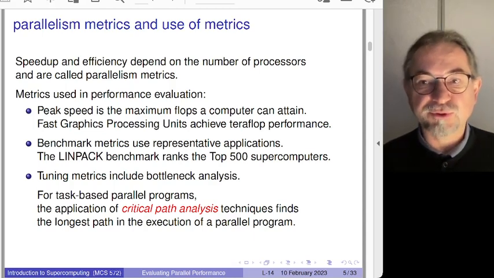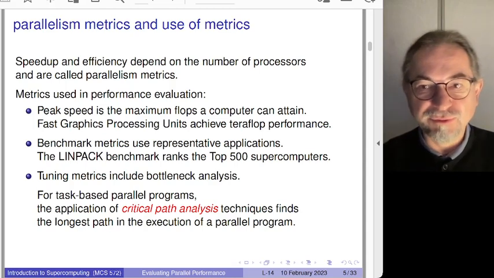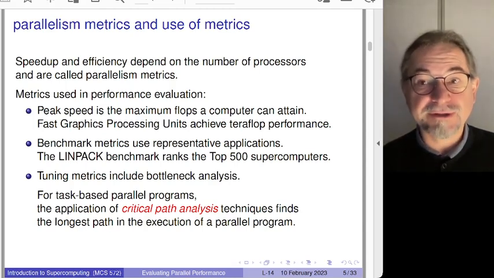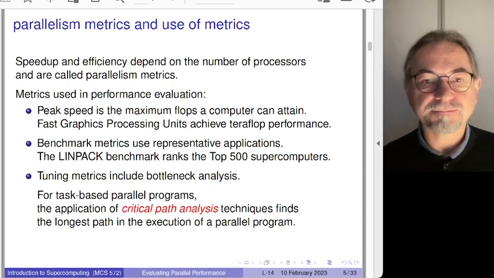Why is performance also so important? As a software developer, you want to know when to stop optimizing or where to optimize.